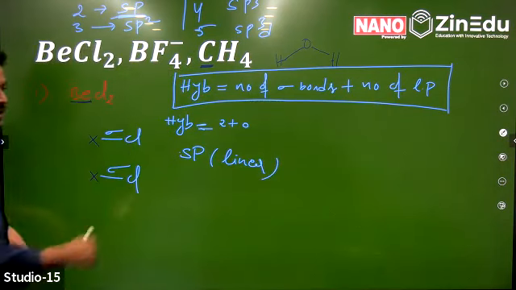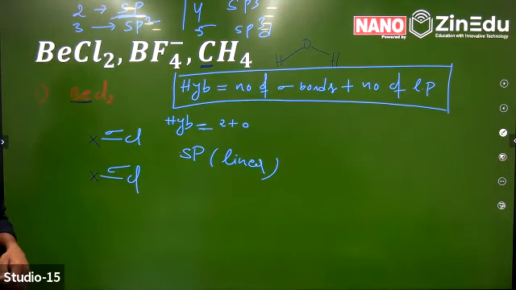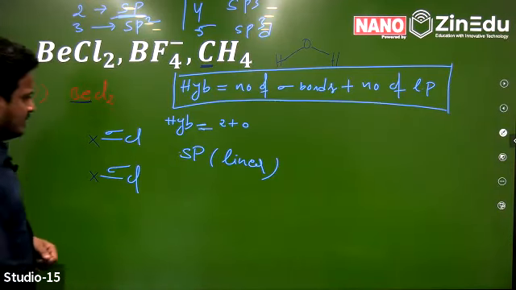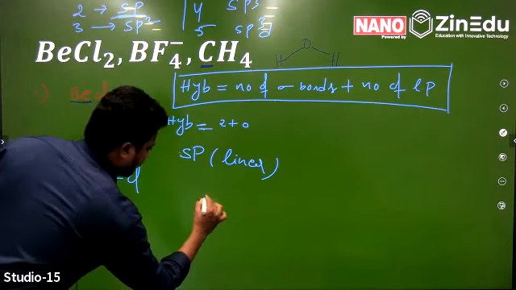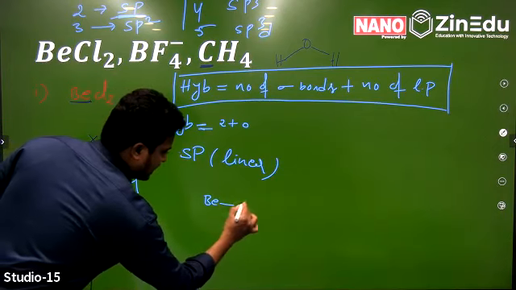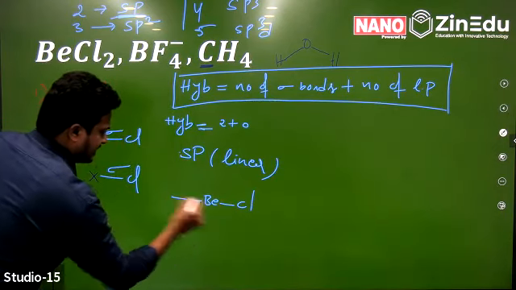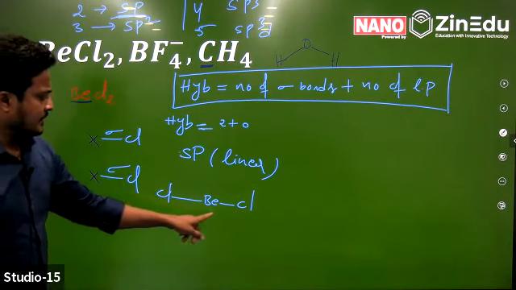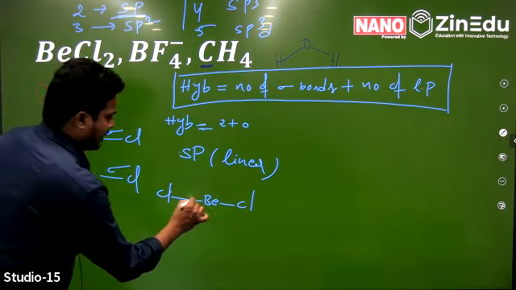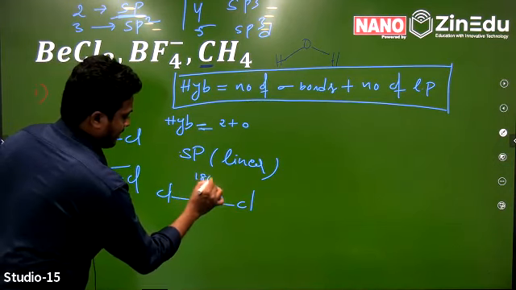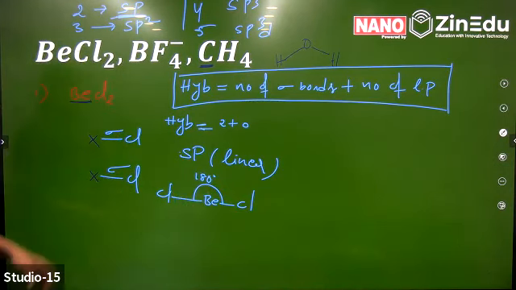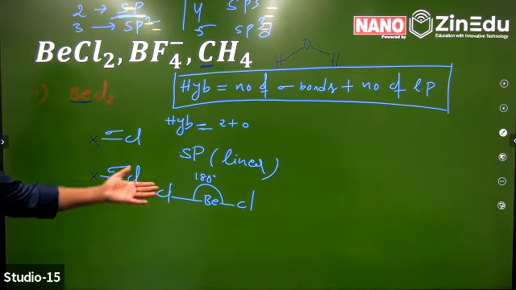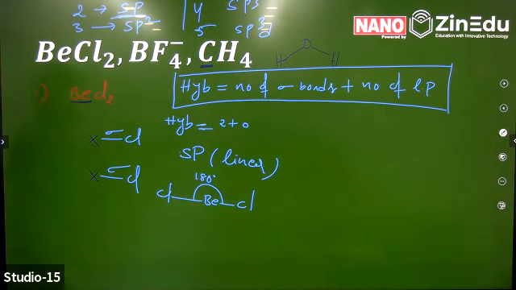What is the bond angle in a linear molecule? 180 degrees. Yes, very good, 180. Cl-Be-Cl. This is the actual shape of beryllium chloride. Here the bond angle is 180. Like this we can calculate hybridization, shape, number of bond pairs and lone pairs, right?